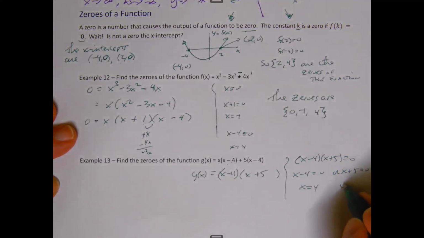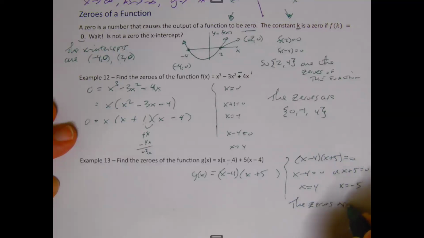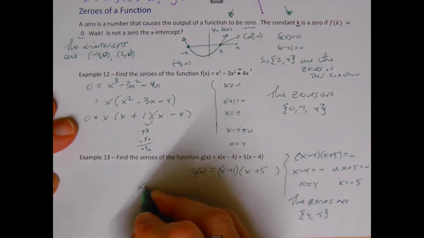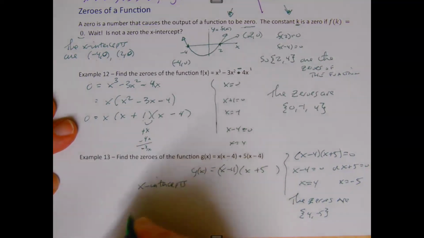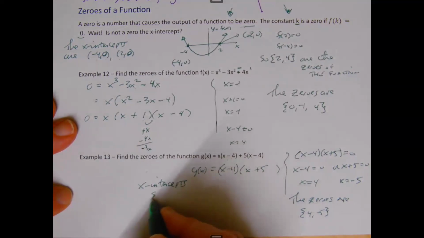Subtract 5 from both sides, I get x equals -5. So the zeros are 4 and -5.